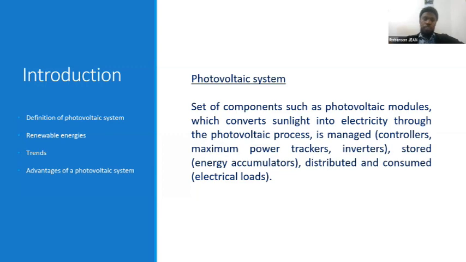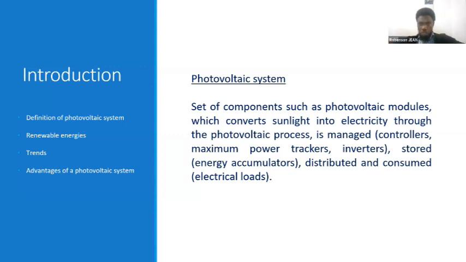But now we are going to talk about the photovoltaic process. And to use this process, we are going to use equipment like controllers, MPPT, and inverters, and other equipment that is useful for the harnessing of solar energy.